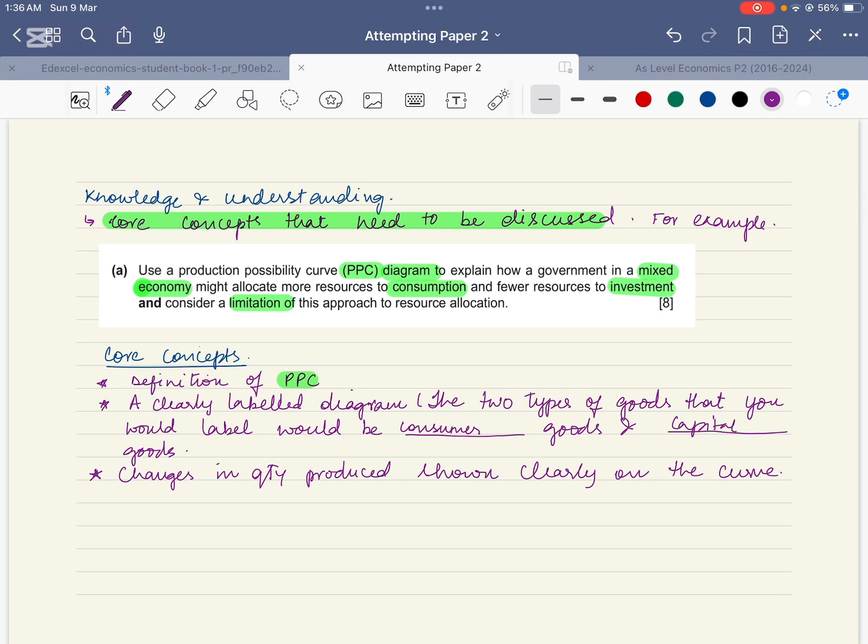Because we are talking about investment, which means capital goods, and resources to consumption means consumer goods, right? And in the core concepts you can write that changes in quantity produced need to be shown clearly on the diagram, right? I have written curve here, but you have the PPC curve. You have to show the changes clearly on the diagram.